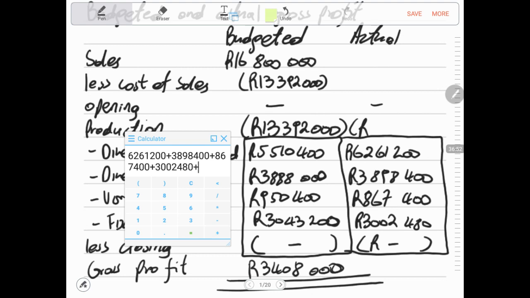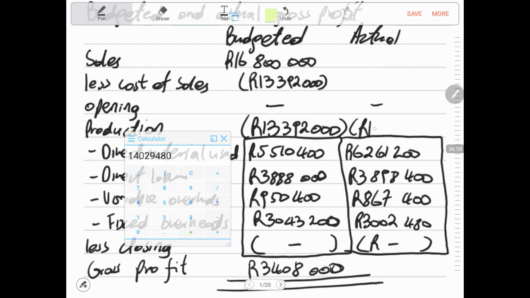Then this will be equal to a total of 14,029,480.